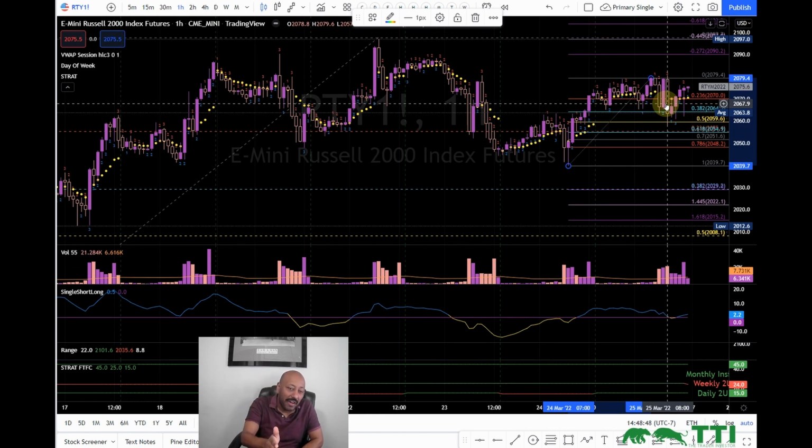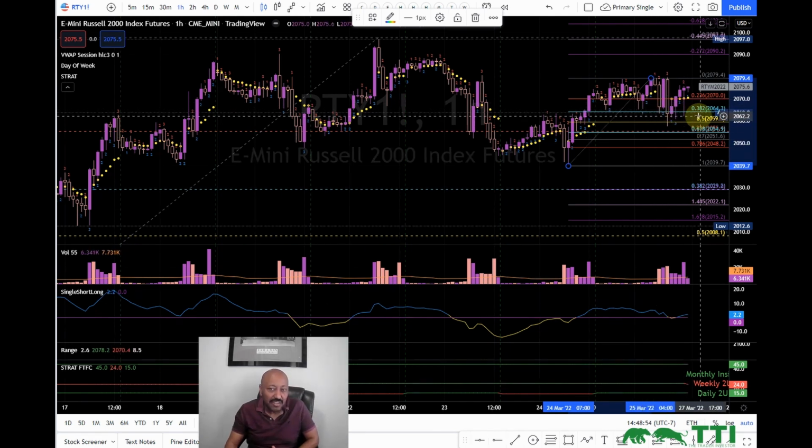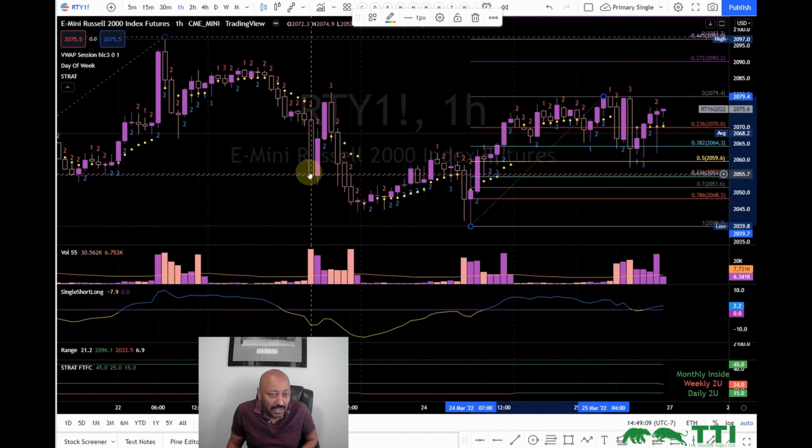Once I'm on the hourly, for me, hourly is the lowest time frame. When it's very close like this, I might ignore it. You can judge here. It's very subjective. You can say I will keep it or I don't keep it. Either way, it's fine.